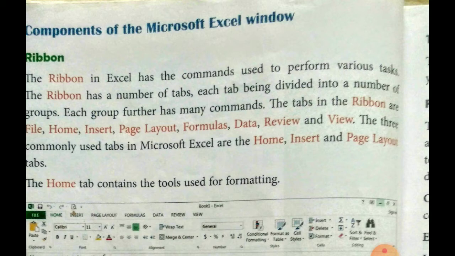The tabs in the ribbon are File, Home, Insert, Page Layout, Formula, Data, Review and View. The three commonly used tabs in Microsoft Excel are the Home, Insert and Page Layout tabs.